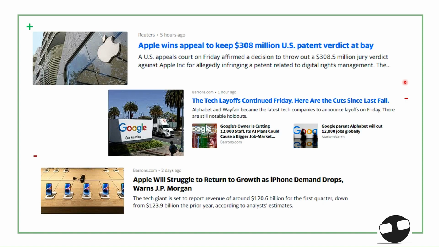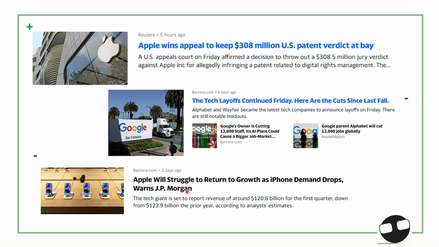For market updates and news, we have here Apple wins appeal to keep 308 million US patent, so that's very positive. Now for the tech layoffs, we started with Microsoft and now we have Google, so I think it's pretty much contagious for the rest of the tech sector, with slower sales growth and a bit of a gloomy direction for this year, heading to recession concerns.